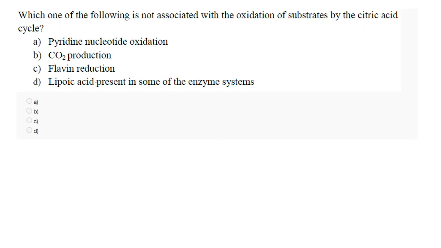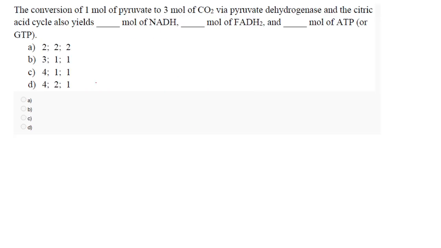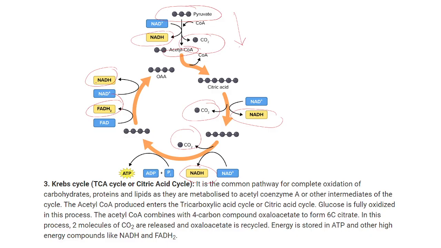Okay, so you can see the carbons of pyruvate generating 3 moles of CO2. You can see the Krebs cycle right here. I'll show you. This is pyruvate, right? So it generates 3 moles of CO2: 1 mole of CO2, 2 moles of CO2, 3 moles of CO2, right?